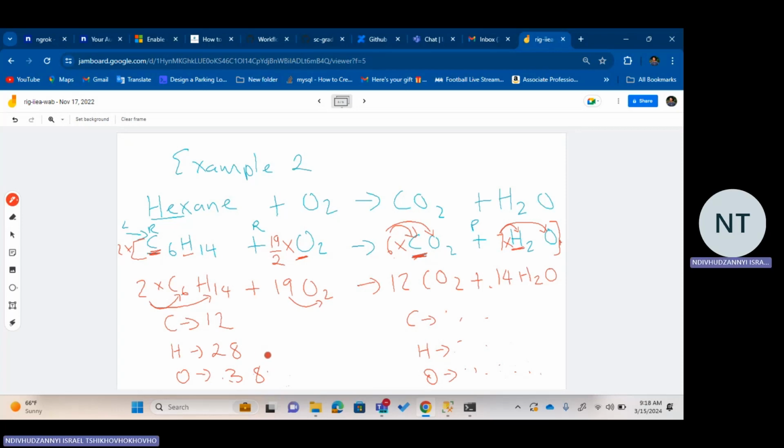Let's see. 12 times 1 is 12. 12 times 2 for O is going to be 24. Then 12 times 2 for H is going to be 28. And we still have another O. 12 times 1, so it's going to be plus 14, which is 38. So you can see it's balanced, right?